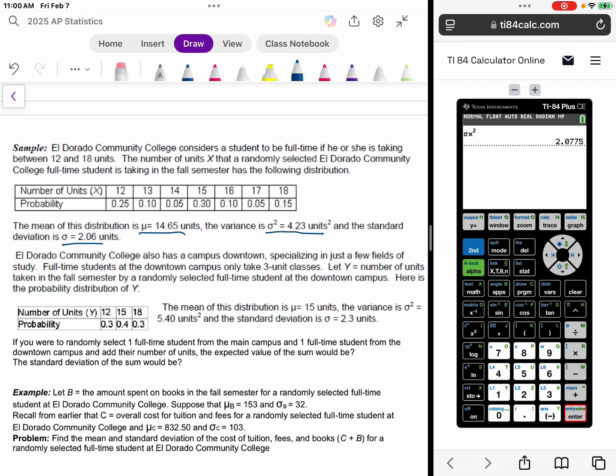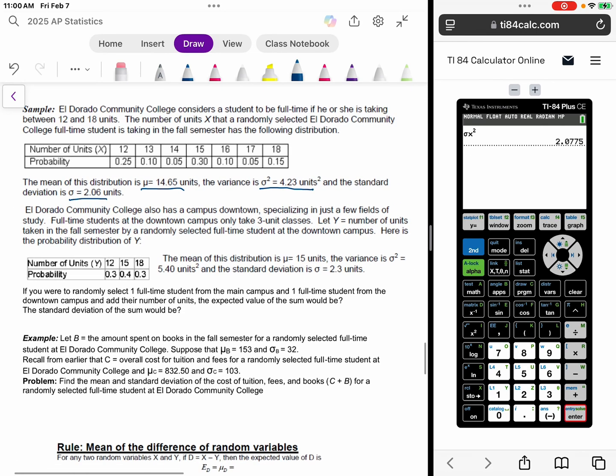Now we're going to look at doing some transformations without having to type them into the tables. That's the purpose from here: let's not have to do the tables, do the little one-var style calculation to figure out, can we use some of these transformation rules. The EDCC has a downtown campus specializing in just a few fields of study. Full-time students at the downtown campus only take 3 unit classes.